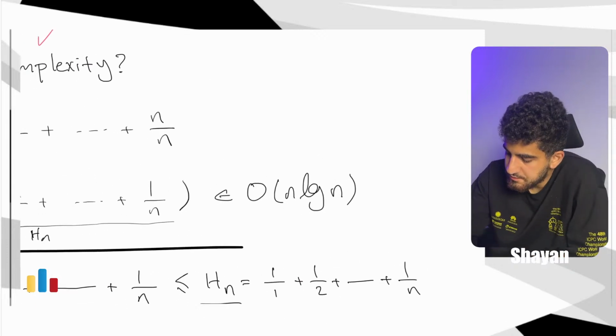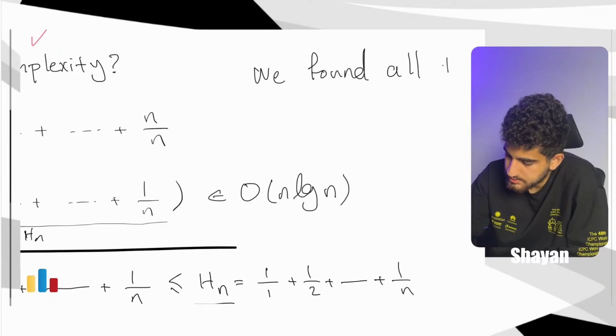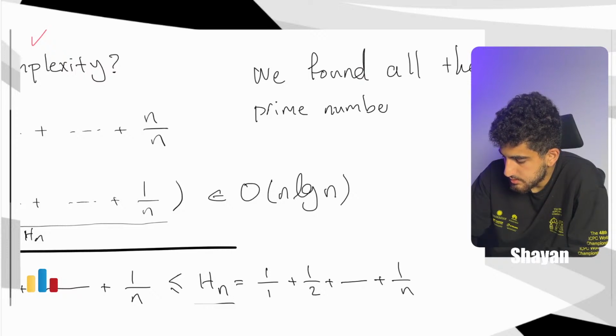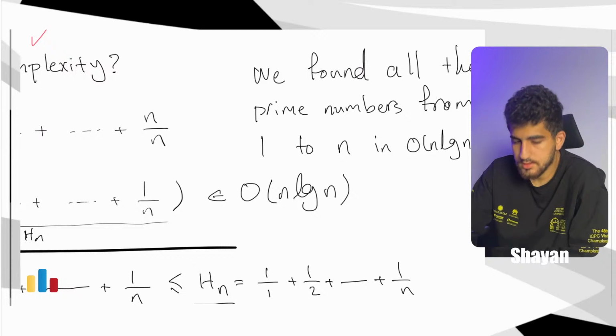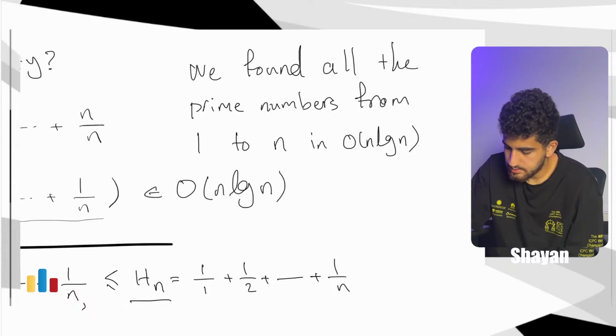So we found all the prime numbers from 1 to n in O of n log n.